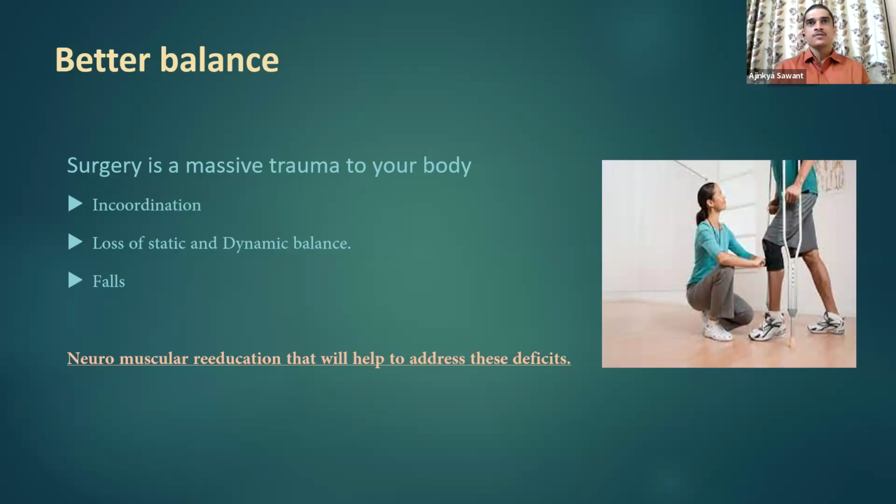There are cases wherein even overconfident patients tend to fall post-operatively. So there is an increase in the number of falls post-operatively due to the loss of static and dynamic balance. So neuromuscular re-education will help here.